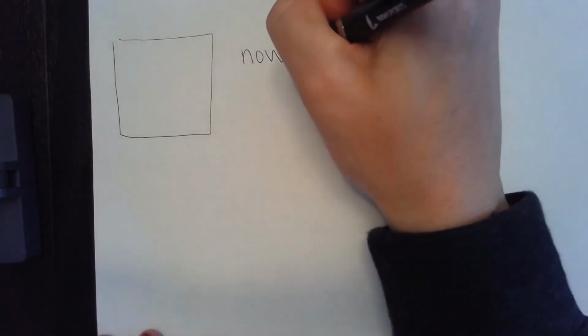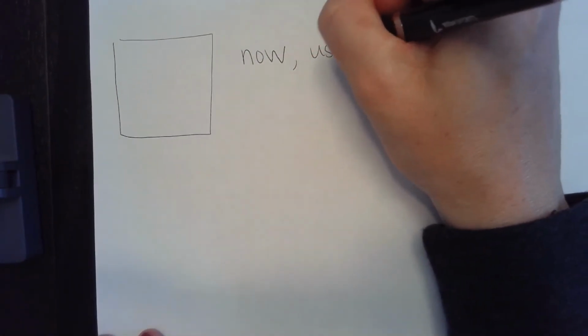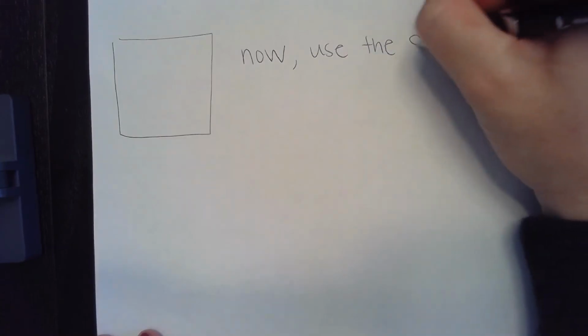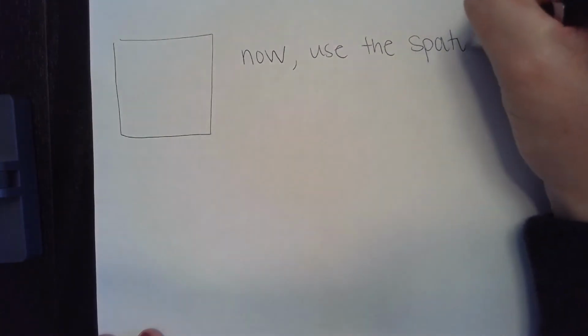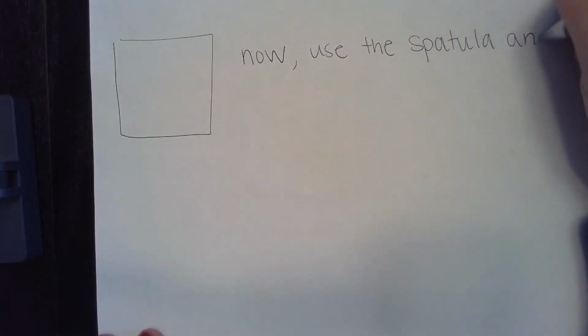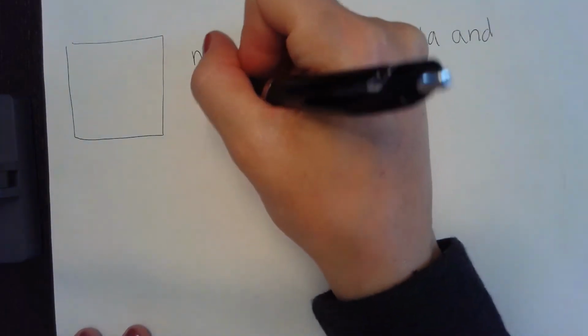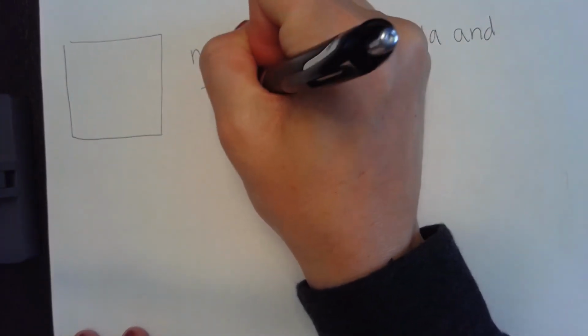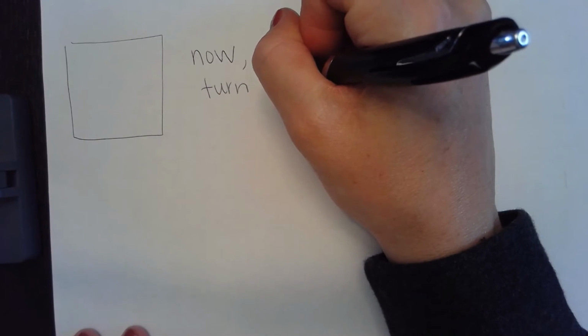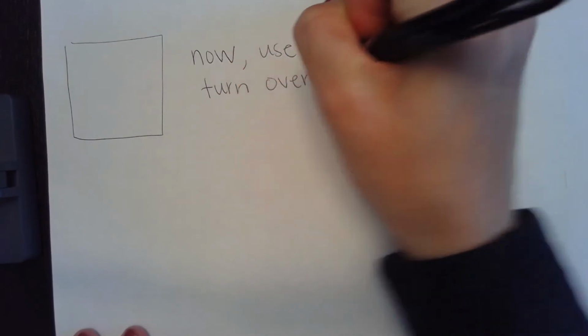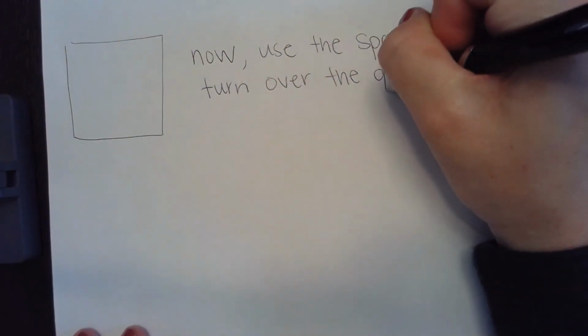Now, comma, use the spatula and turn, or flip, I'm going to use the word turn, over the quesadilla.